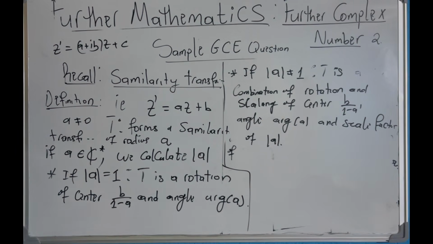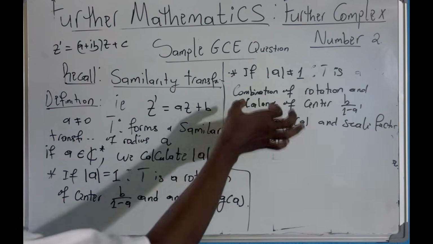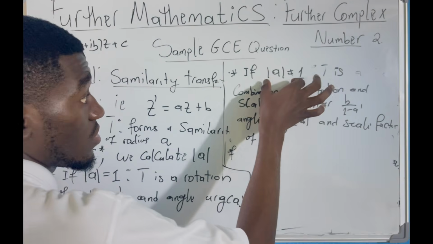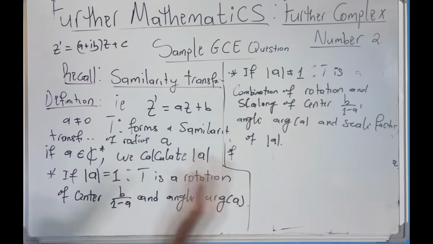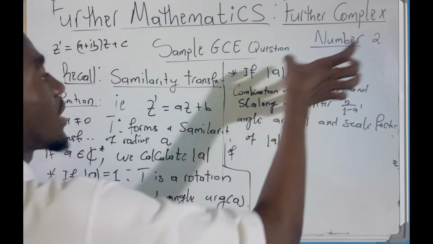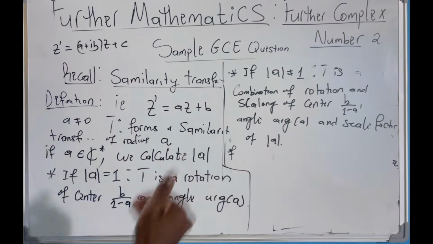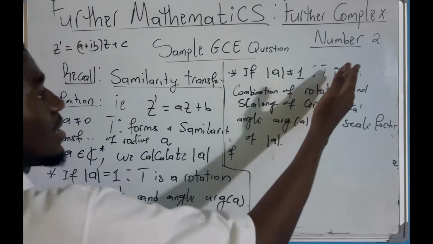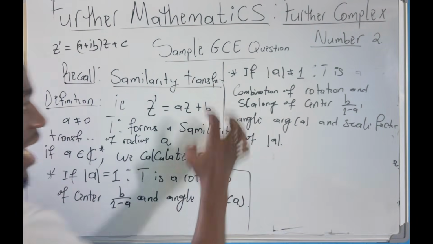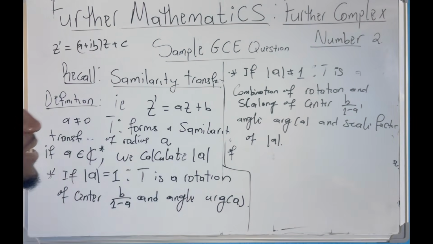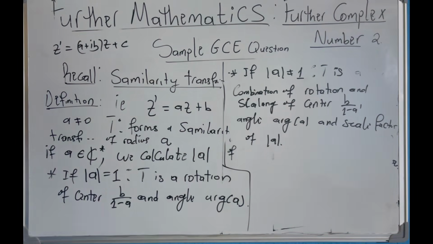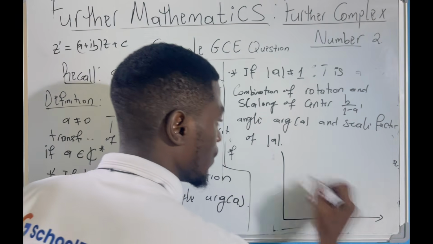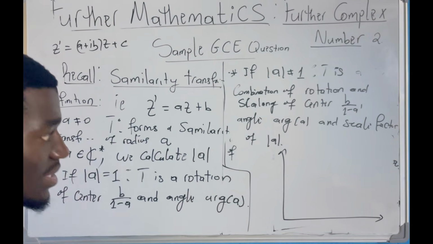I think it is clearly explained. So if the modulus of A is different from 1, T describes a combination of a rotation and a homothety of center B over 1 minus A, angle argument of A, and scale factor modulus of A. Now let me show you how I can draw it here rapidly.